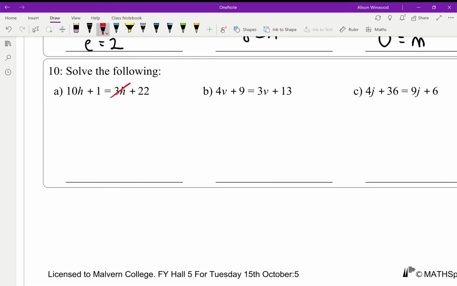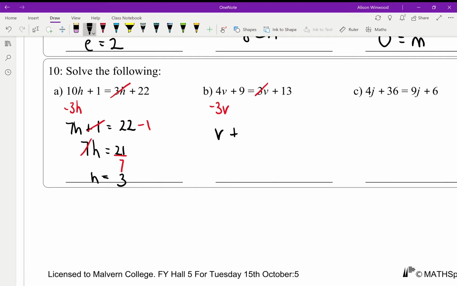Move all the h's to the left, so I'm going to subtract 3h, subtract the 1, divide by 7, so h equals 3. Move the 3 v's to the left, so subtract, subtract 9, and I get v equals 4.